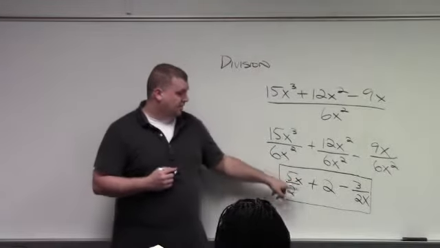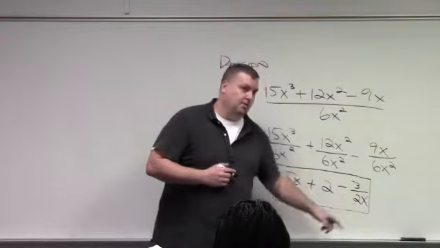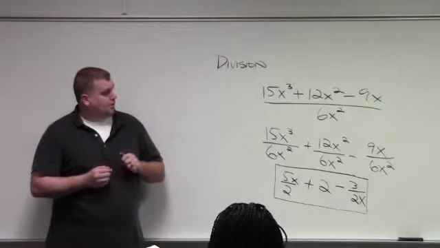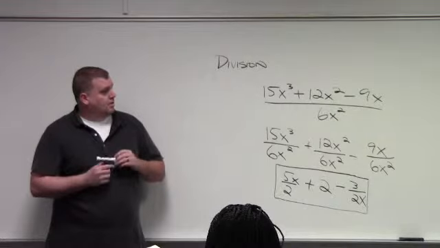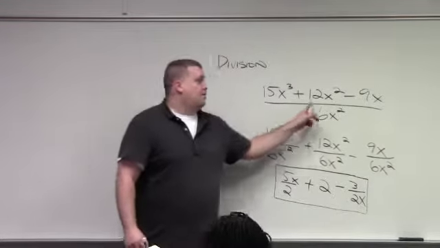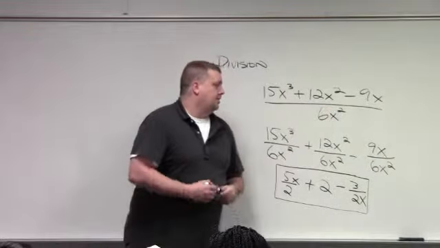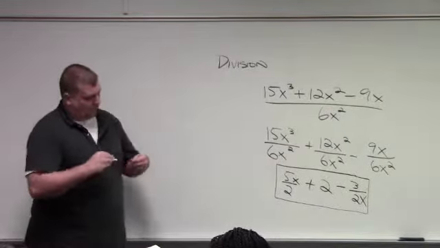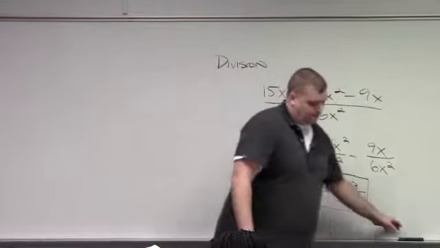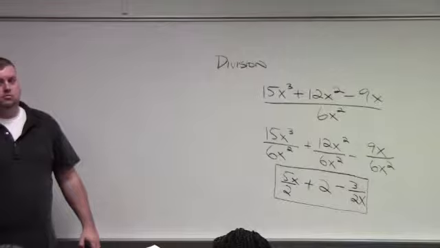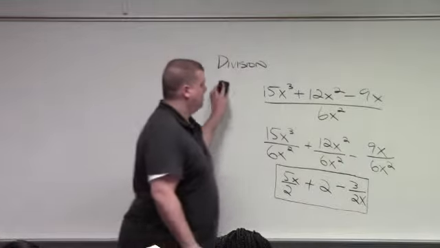Notice this x is on the top, this x is on the bottom, so they aren't like terms. Any questions there? So if you have a monomial when you're doing division, just divide it into each piece separately. Any questions about that?